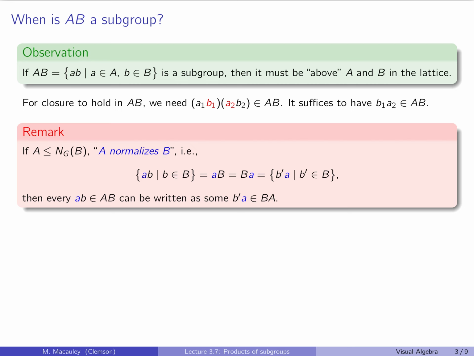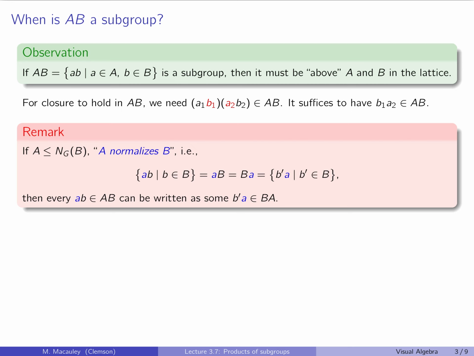Let's understand this. If A normalizes B, that means every left coset of the form little a times B is a right coset B times little a. And that means that this left coset, which is a set of elements of the form little a times little b, is the same as the set of elements of the form b prime times little a.